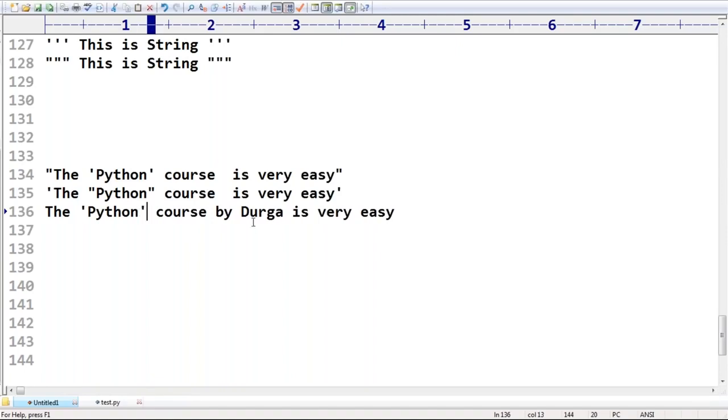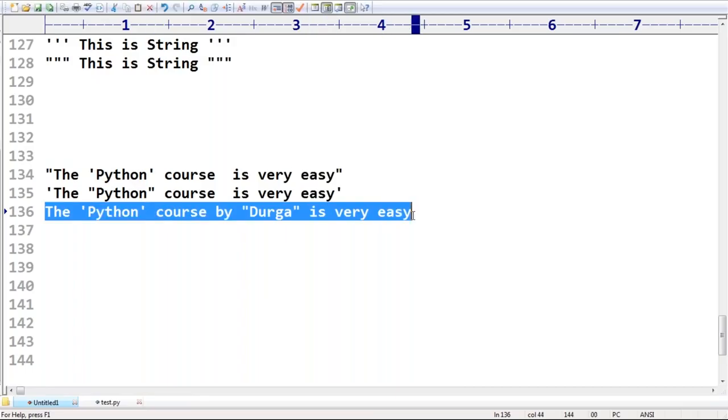I want single quotes on Python course, next, Durga within double quotes. Are you getting that? So my string literal contains single quotes and double quote symbols. Then how can you handle it? Sir, I want in the output single quotes and double quotes also. Then how can you handle? Are you able to understand, right? Sir, can I enclose within single quote?